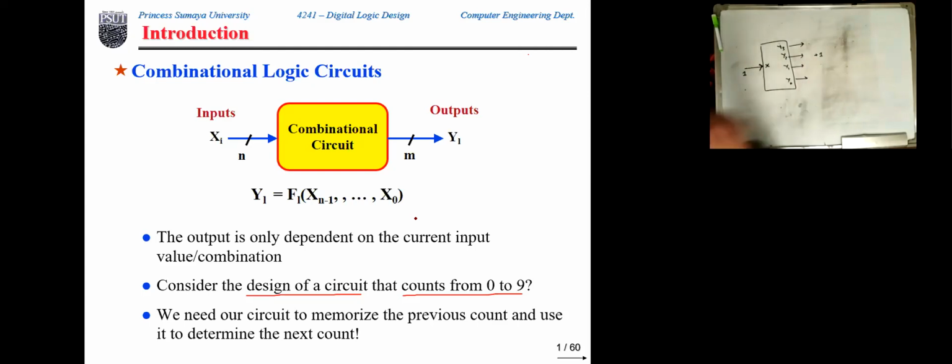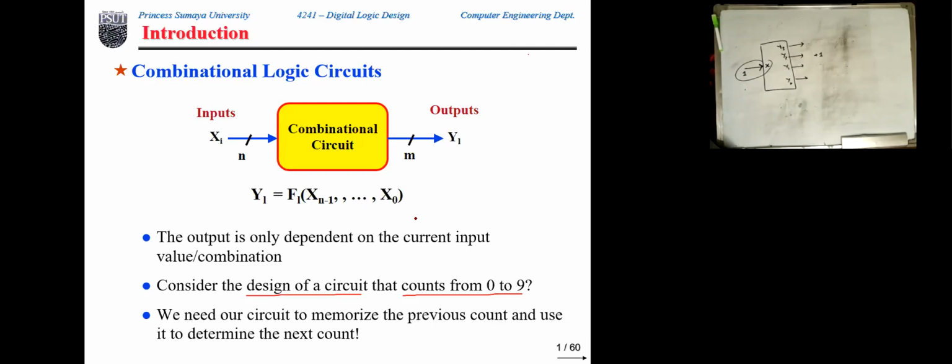This is what we call a counter circuit, a circuit that can count through a certain pattern. In our case, it counts from 0 to 9, and when it reaches 9, it goes back to 0 and so on. The counting process is controlled by this input. So the question is, given this understanding of our circuit, and as we said in chapter 4, in order to design the circuit, we need to understand the circuit.